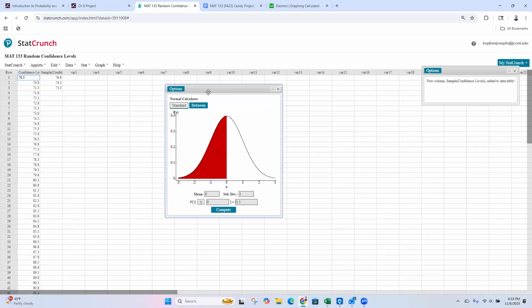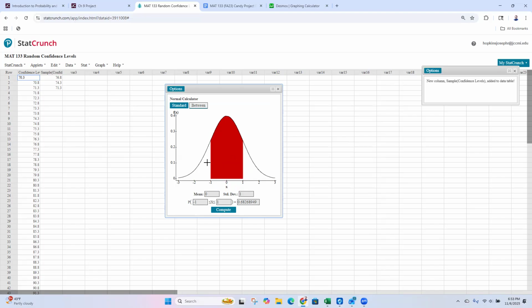So here's my normal calculator, and I'm going to do between because I want to find a range of numbers for my result. My confidence interval is going to be 2 numbers, a lower end and an upper end, okay? So here's my lower end, here's my upper end over here, okay?